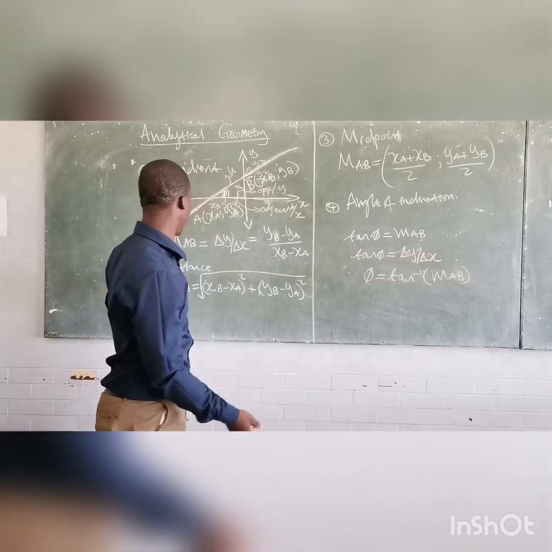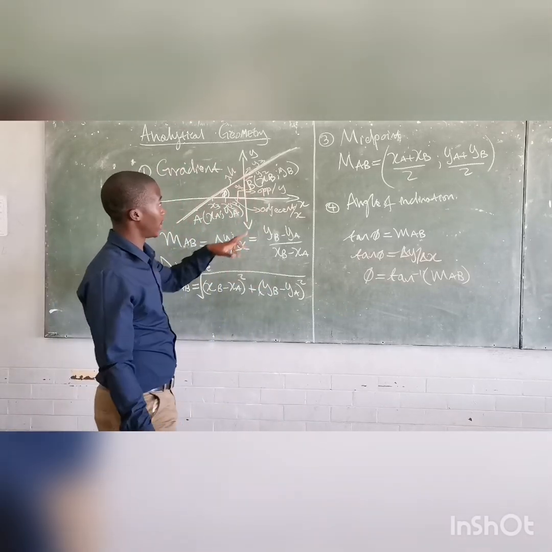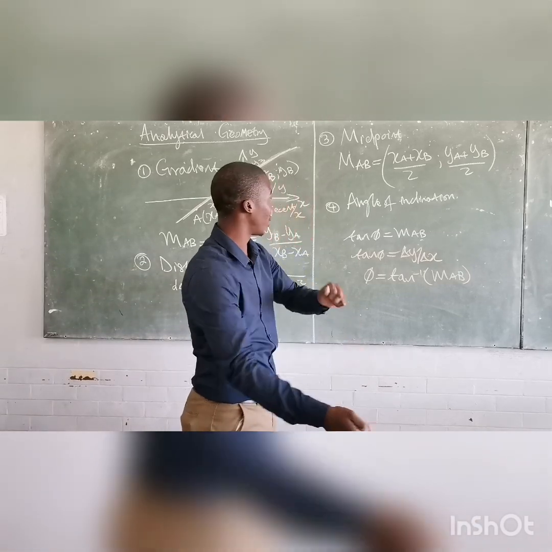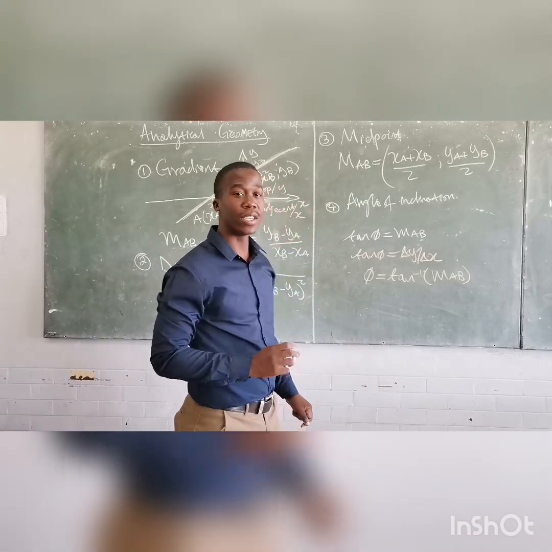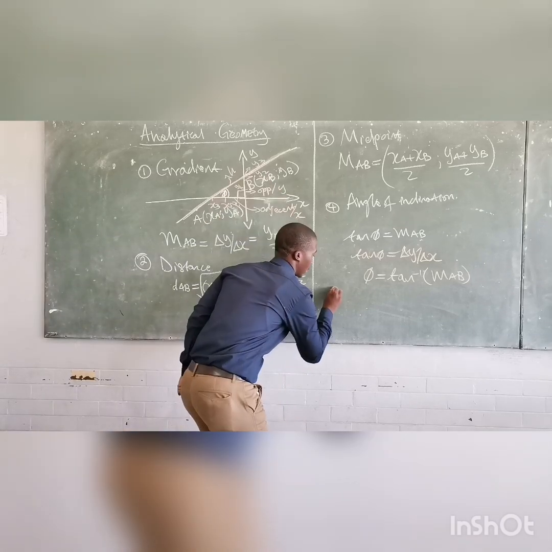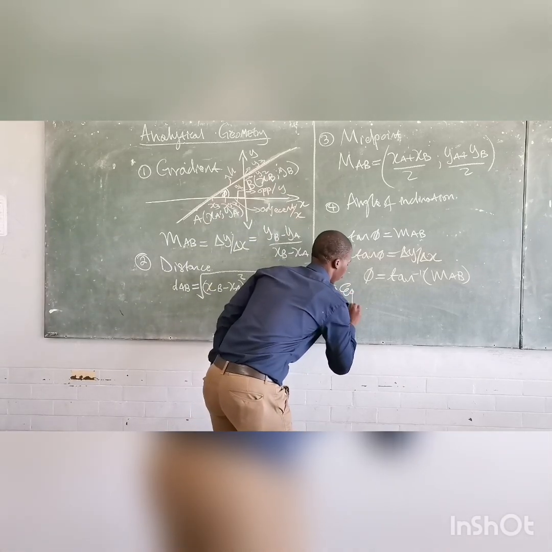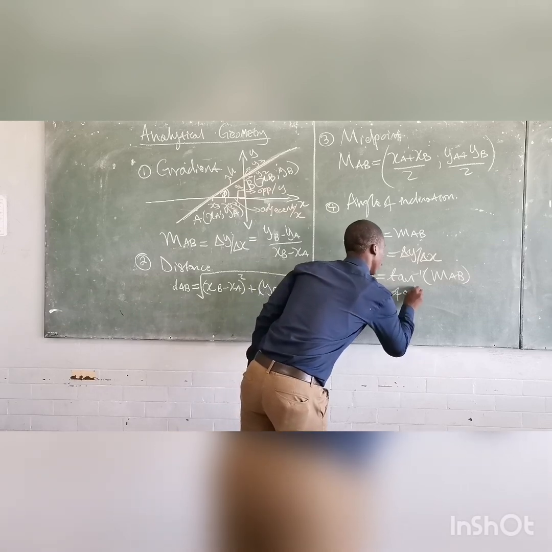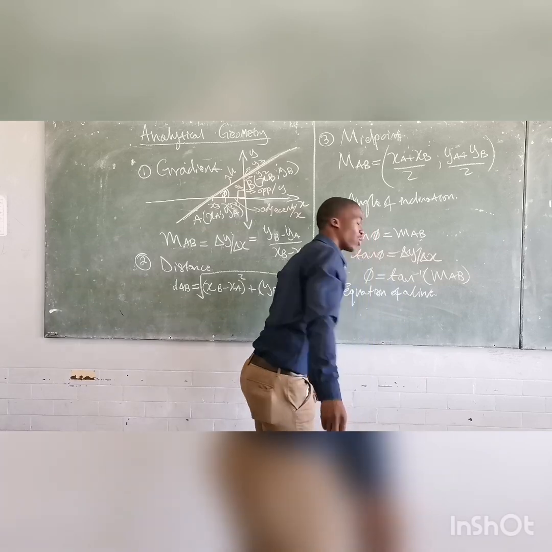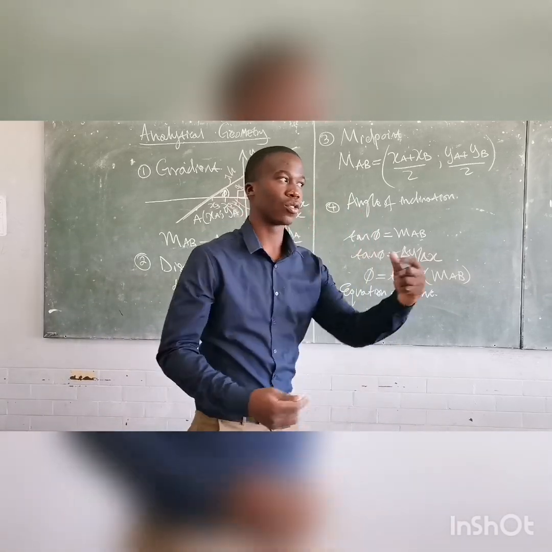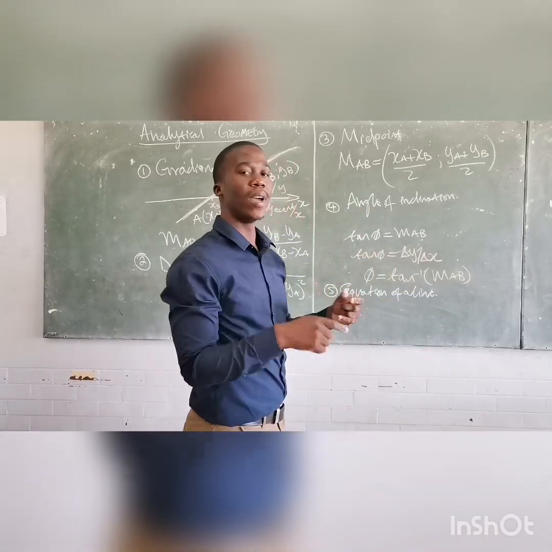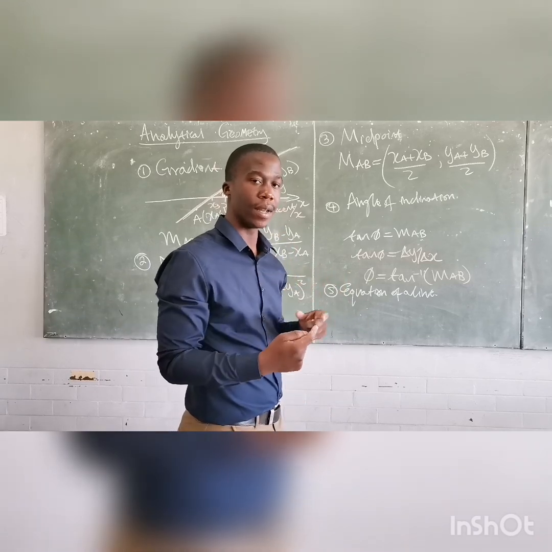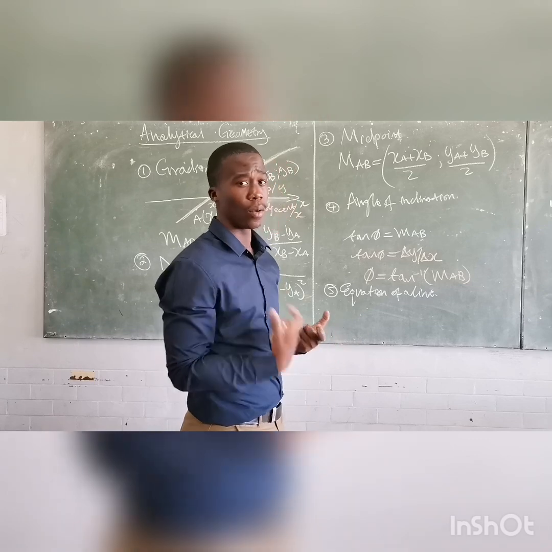Okay, so the gradient, distance, midpoint and angle of inclination. So let's explain number 5, equation of the line, right? Equation of the line is very simple, guys. To find the equation of the line, you must have a gradient and one point whose x value and y value you know.